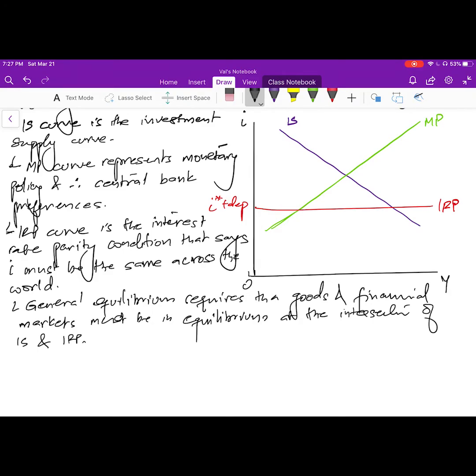However, we know general equilibrium requires the IS and IRP curves to converge, but there are three lines. And with three lines, you get way too many possibilities. What are those possibilities?